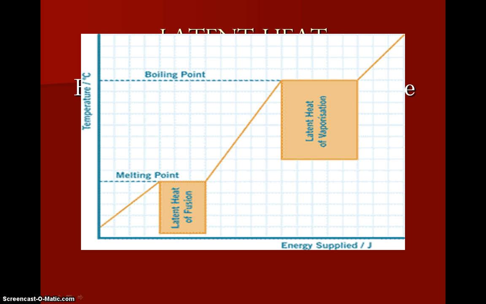And then again, here we would be a gas or even hotter, higher energy particles. And we can increase the temperature of the gas, so we would get the Q equals mc change in T here. So it's important to be able to understand all the parts of both a heating and a cooling curve. But again, this should be review from chemistry.